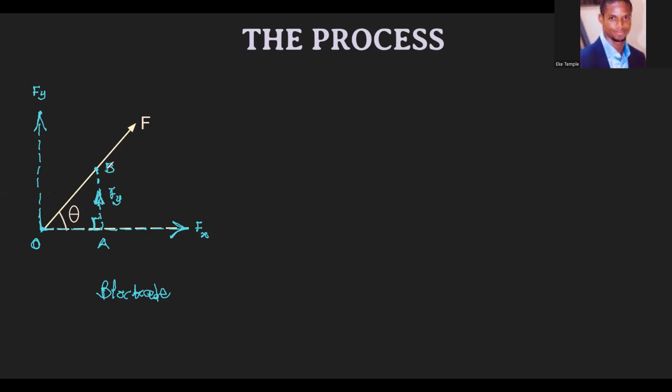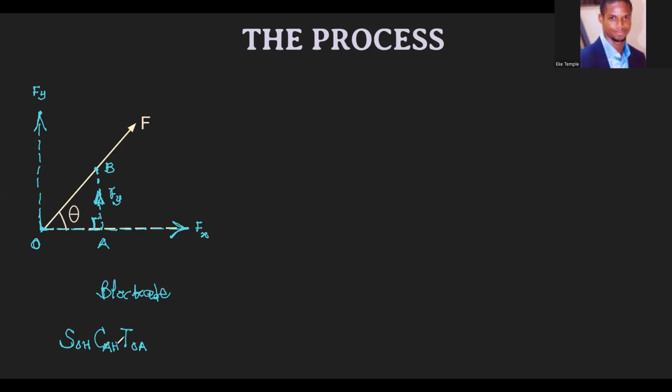Now, for a right angle triangle where we're given an angle, we can make use of trigonometric ratios as illustrated by the acronym SOHCAHTOA. SOHCAHTOA shows the relationship between the given angle and the sides of the right angle triangle. O stands for opposite, H for hypotenuse, A for adjacent.